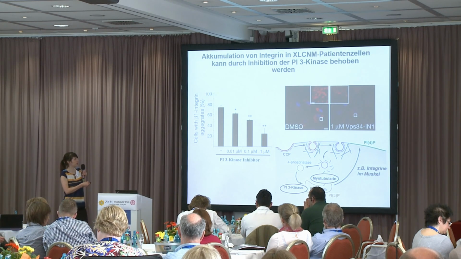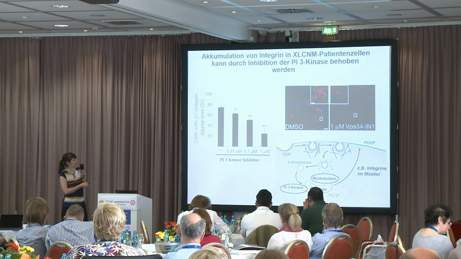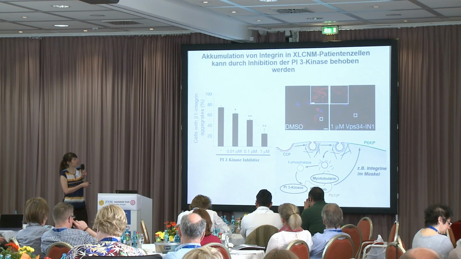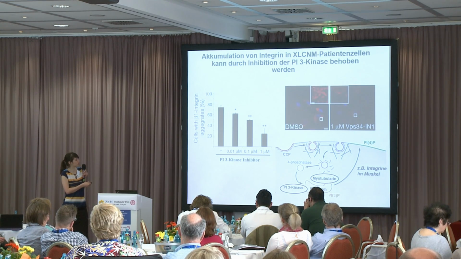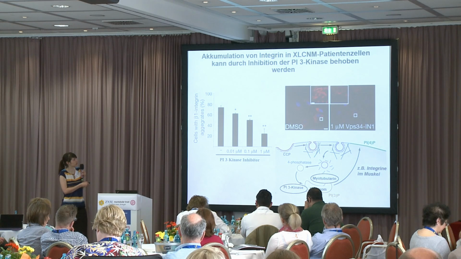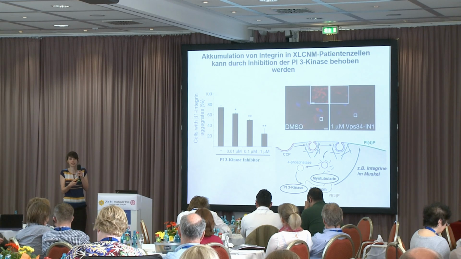Other things that we have done is we have looked at integrins. Those are the red dots. This is a patient's cell, and the red dots are not present in normal cells. These enriched elements are transport vessels.